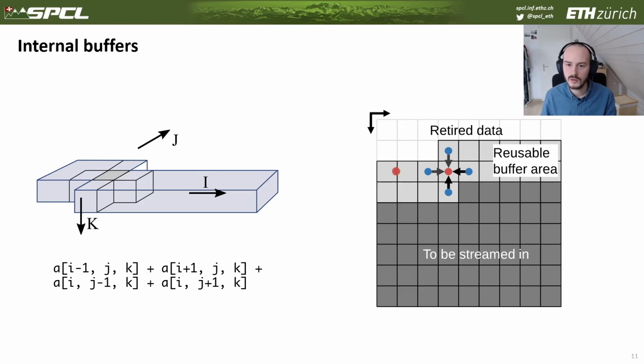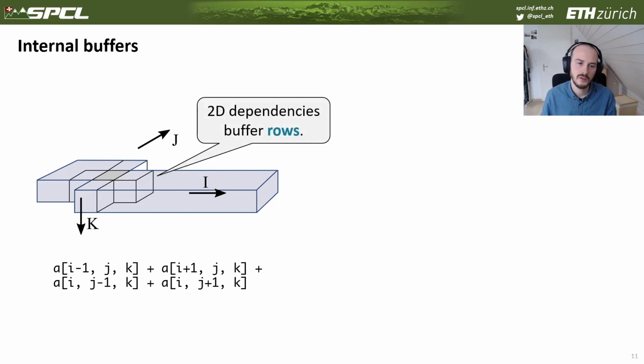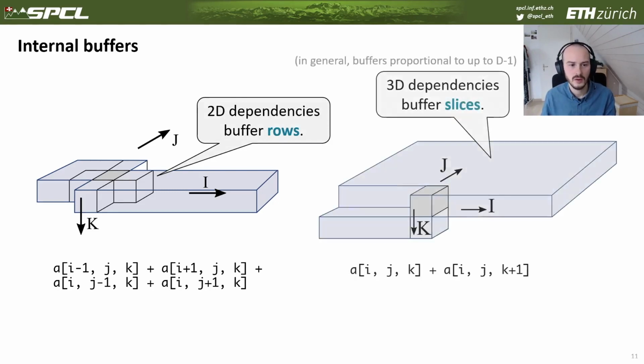So then when we traverse, each of these domains are updated, and only the necessary memory is kept in this reusable buffer area. So for 2D dependencies, we need to buffer rows, as I showed here. Or for 3D dependencies, we have to buffer up to slices. So in this case, we're accessing a point at ijk, but then we also need the offset k+1, which is in the 3rd dimension.